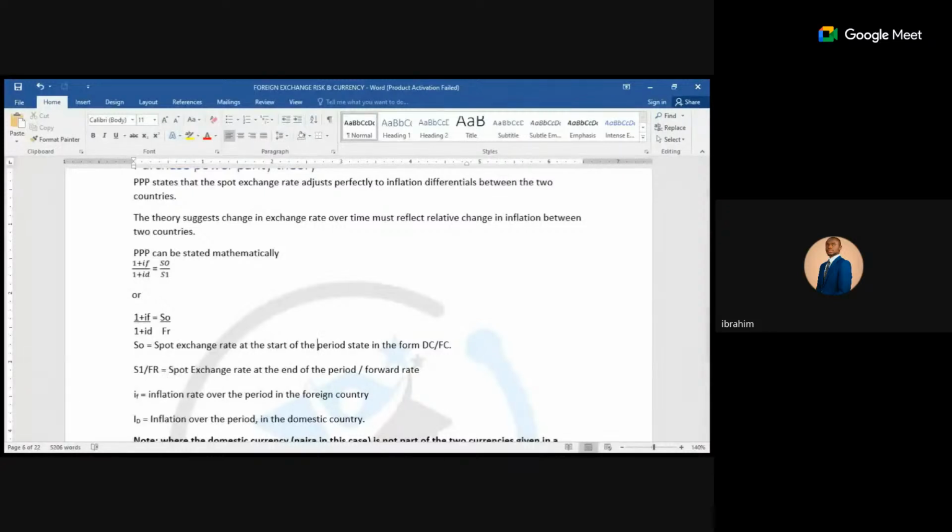FR, not financial reporting, is the spot exchange rate at the end, which is the forward rate.